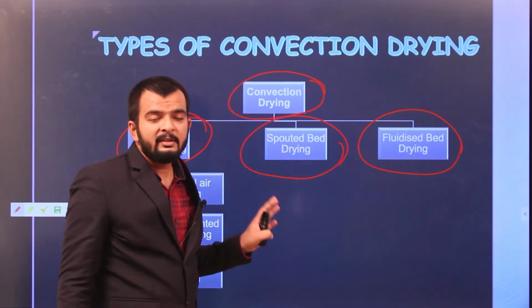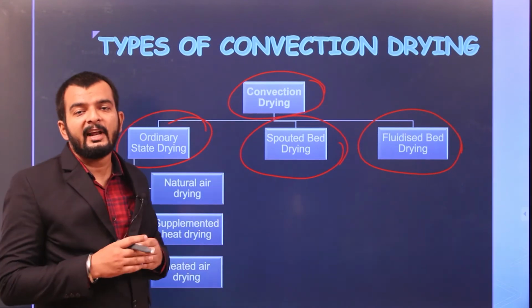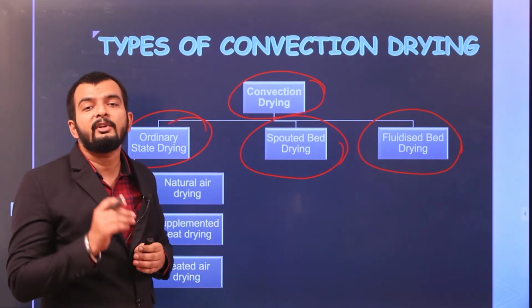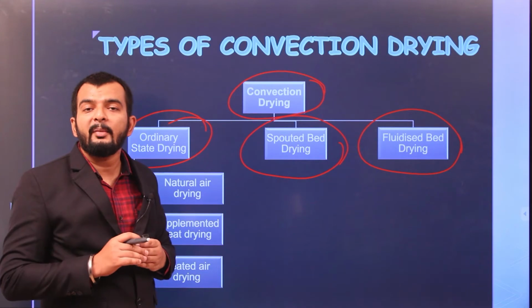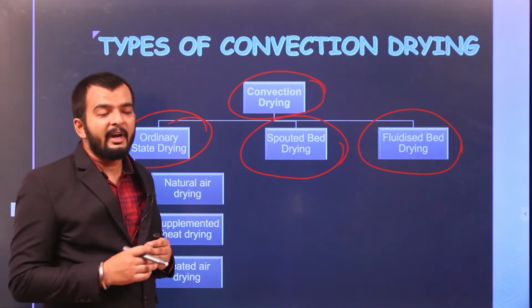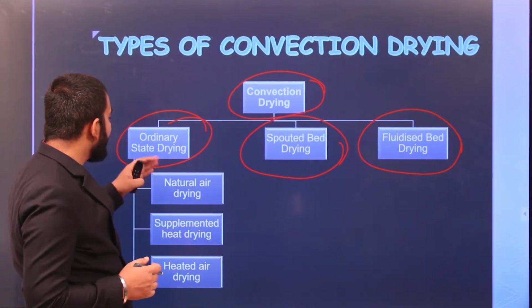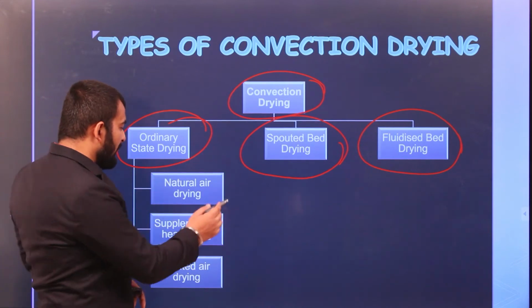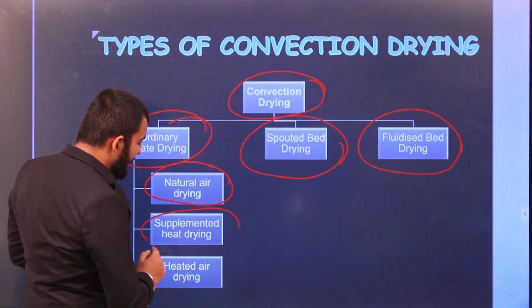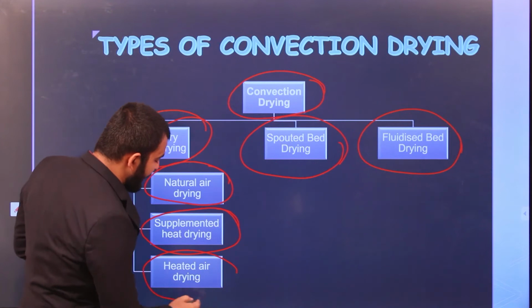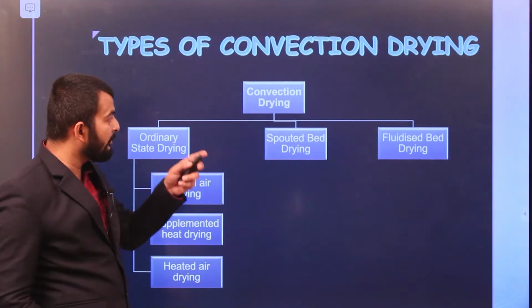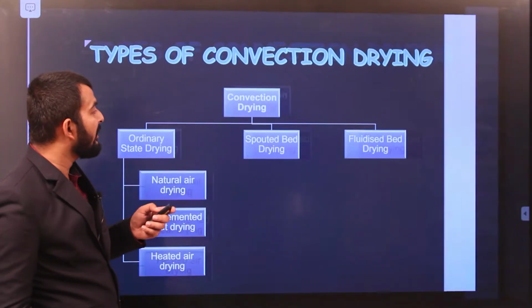This classification is based on the state of the food material which is being dried. In ordinary state drying, we will read about natural air drying, supplemented heat drying, and heated air drying. So let's continue with these types of convection drying systems.